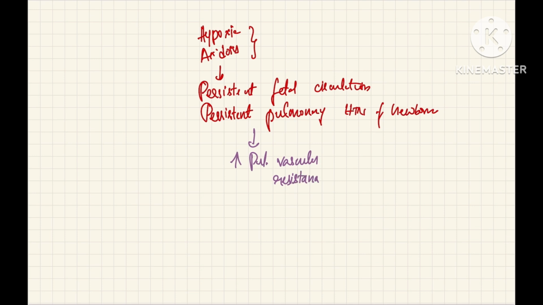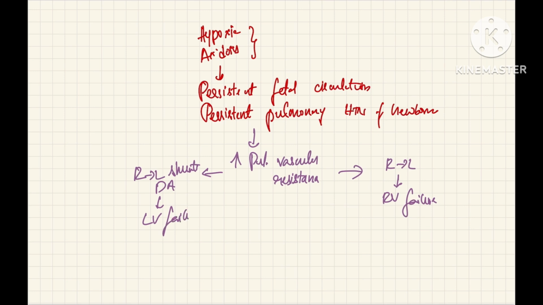This causes right to left shunting across the foramen ovale, causing right heart failure or right ventricular failure, and right to left shunting across the ductus arteriosus, causing left ventricular failure. This again causes hypoxia and acidosis, which is a vicious cycle that happens continuously in the newborn.